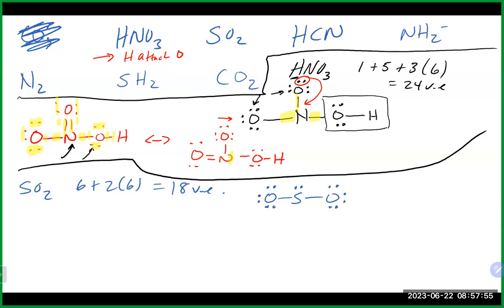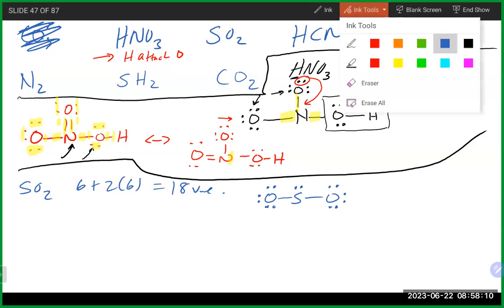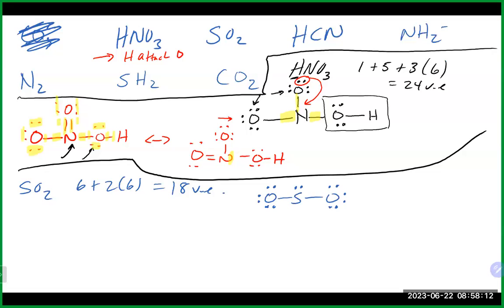At this point, when we look at it, we see hopefully that sulfur again is a little short, right? It's got only 6 electrons. The oxygens are good. They have 8 electrons on them. So we're going to do our same thing here. We're going to fix it by making a double bond. Same deal. You could choose either oxygen in this case.